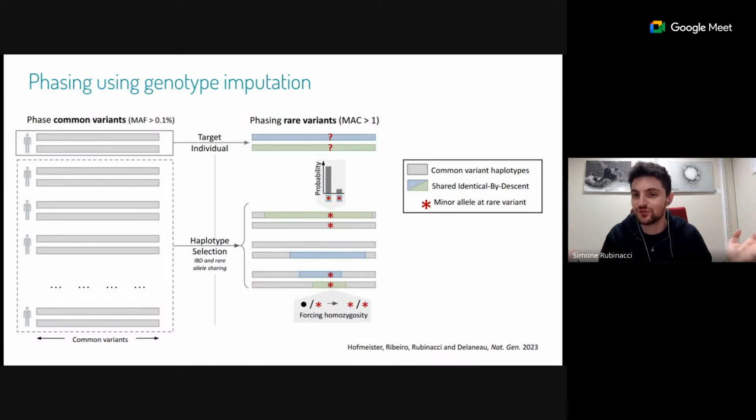And we might need to force homozygosity sometimes, even if the individual is heterozygous, just because the data has not been phased yet. And essentially, we use probabilistic models that are very similar to the one I briefly described before to work out the probability that each of the two target haplotypes carries this rare allele.